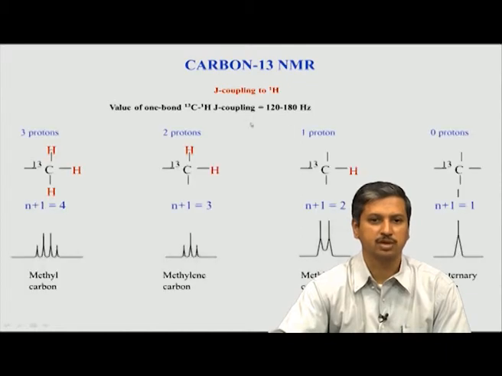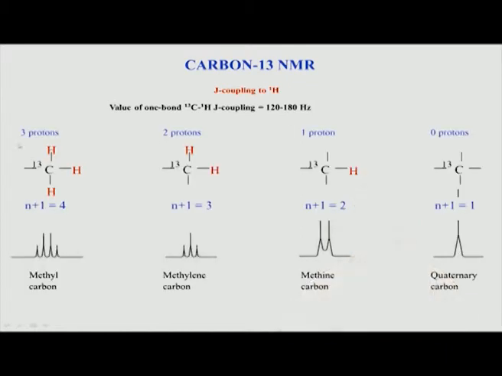What happens is that the n+1 rule is applicable here also. Suppose I have a carbon like a methyl group, which is attached to 3 protons; that carbon signal will be split into 4 peaks because of the n+1 rule. And we saw with the n+1 rule, if you use Pascal's triangle, you expect a quartet, which will be 1:3:3:1.